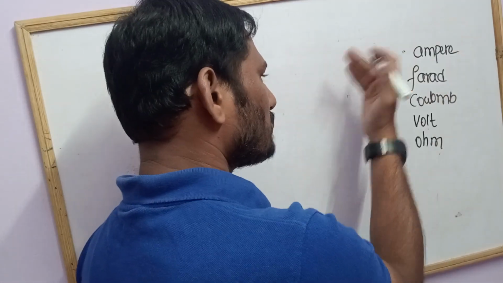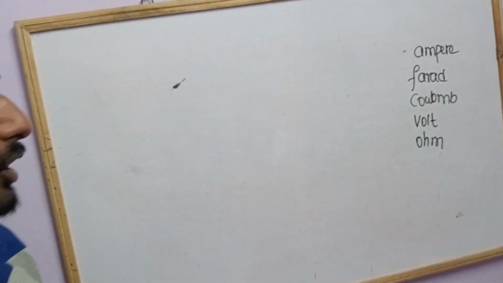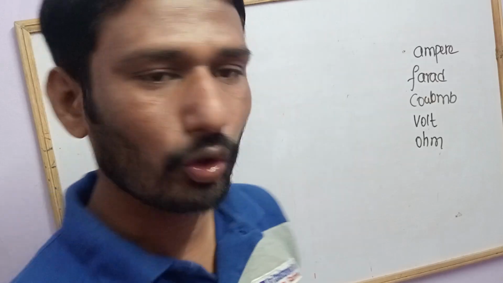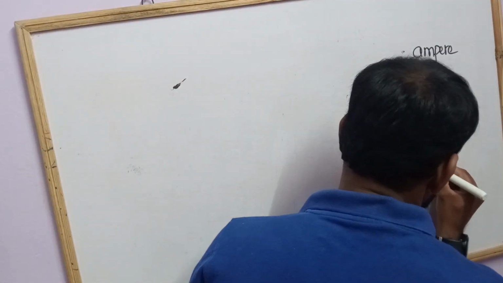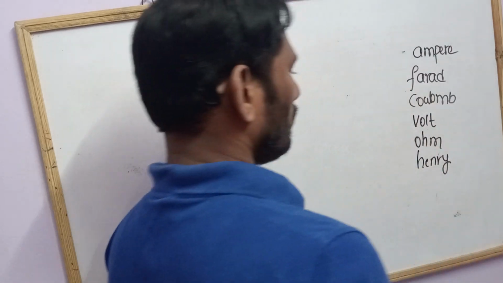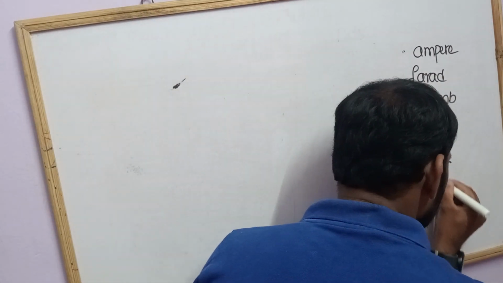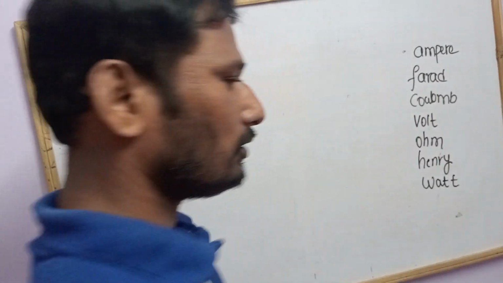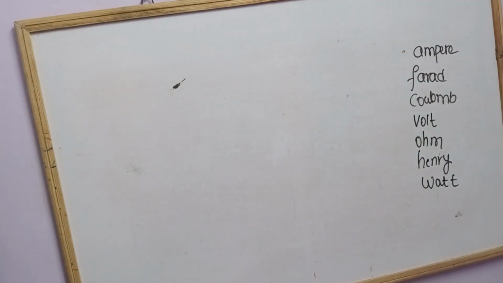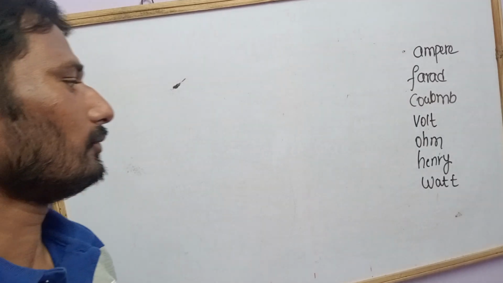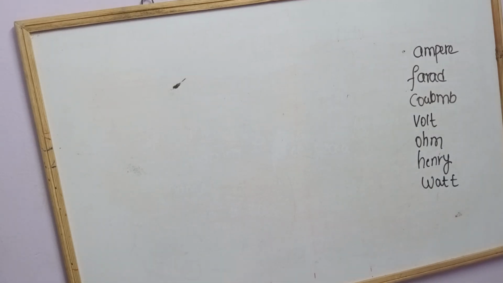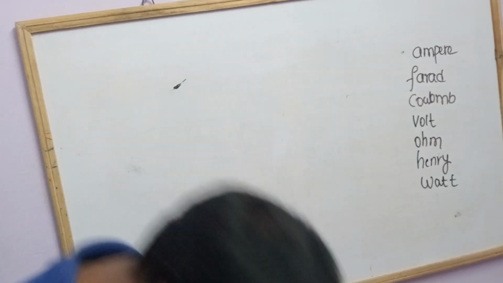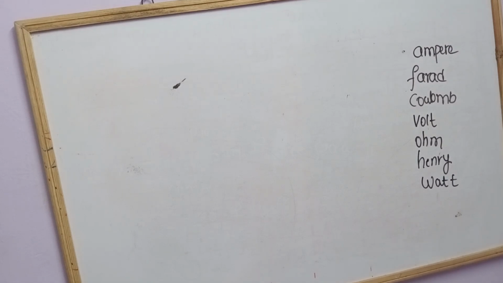Before all these terms you can just add 1 ampere, 1 farad, 1 coulomb, 1 volt, 1 ohm. Similarly Henry, 1 Henry. 1 watt, define watt. EMF, volt only, 1 volt. With respect to resistance, ohm. With respect to capacitance, farad. Charge, coulomb.